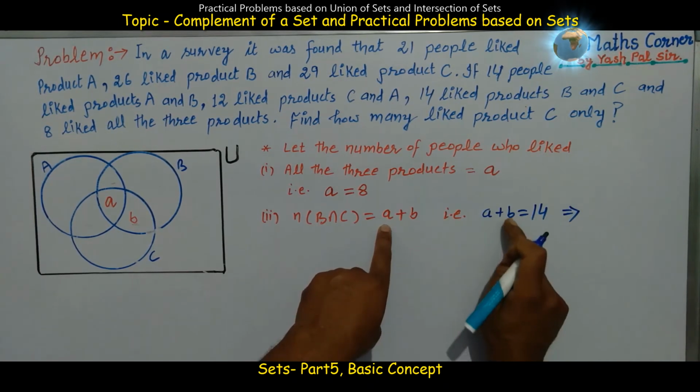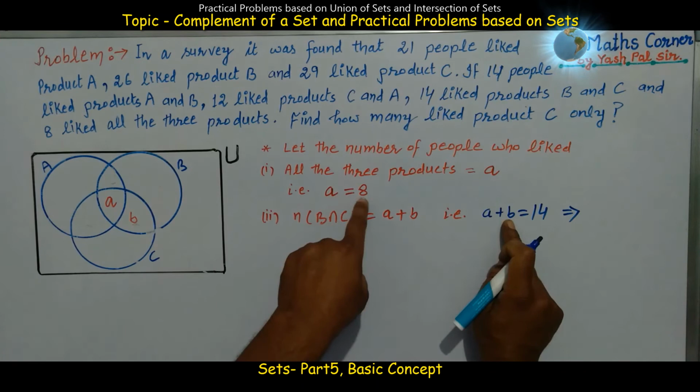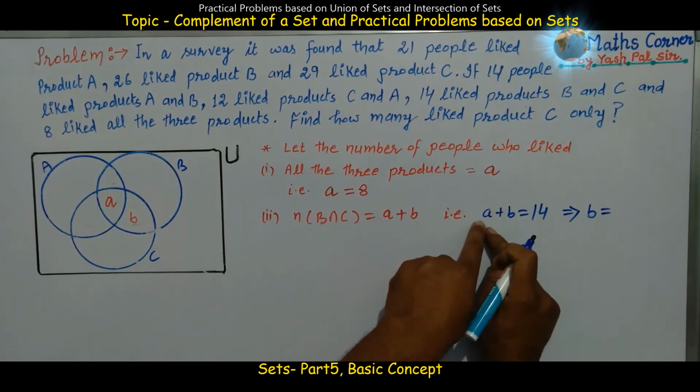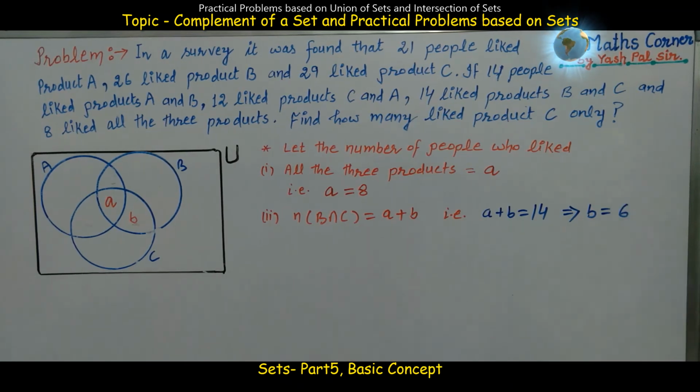Because A is equal to 8, the value of B is 14 minus 8, that is 6, right?